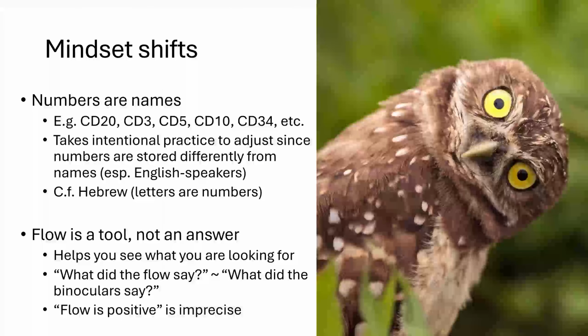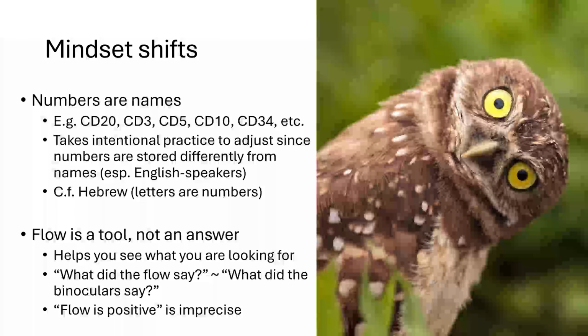Next step is to consider some mindset shifts for flow cytometry. The first one is that numbers are names. There are a number of CD markers that are used to identify different cells, such as CD20, CD3, CD5, lots of numbers. And it takes a bit of intentional practice to adjust, especially for English speakers, because we typically think of numbers as very separate from names.